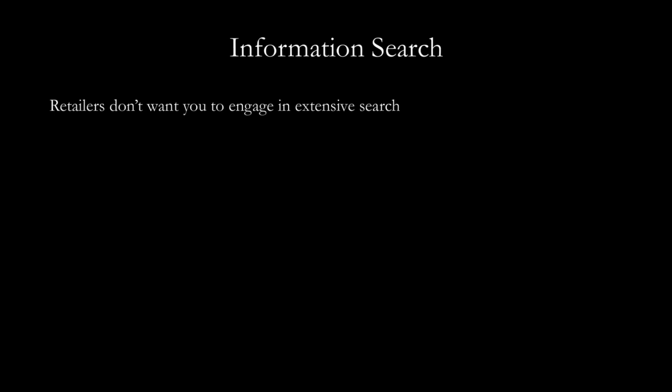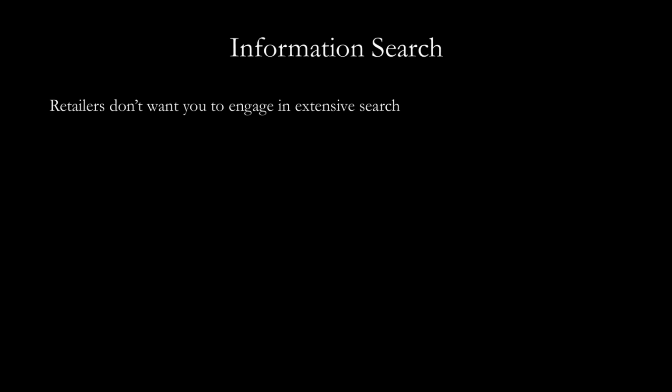For retailers, the objective in this information search stage is to limit customer search to their specific store or website. Retailers don't want you to engage in a lot of search. They want to limit your search to their store. Remember, the retailer typically doesn't care what product you purchase, as long as you purchase from their store.